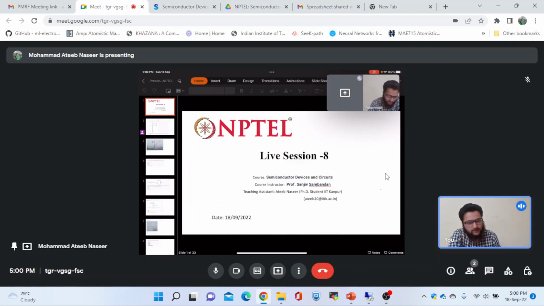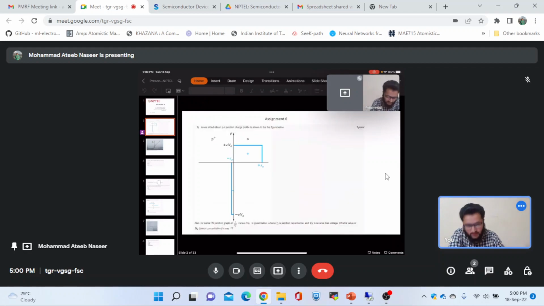So, let us begin by solving our assignment 6, question number 1. Here, we can clearly see that we have been given some charge profile. It's mentioned that this is a one-sided silicon with the p side highly doped.